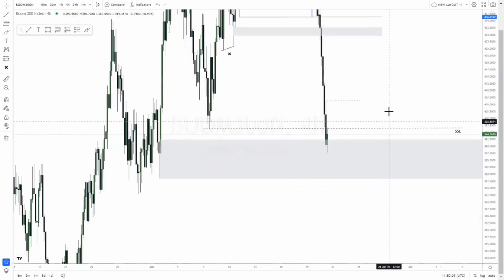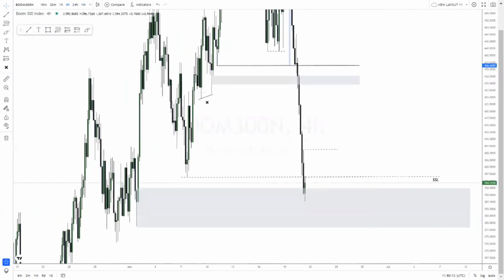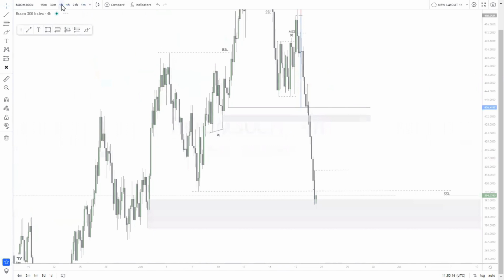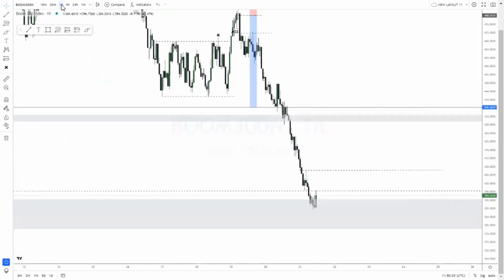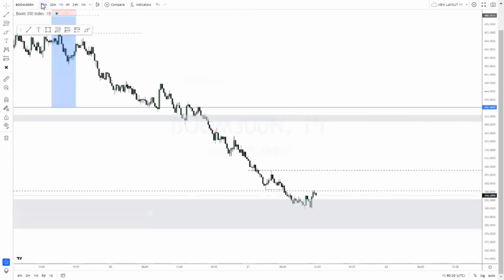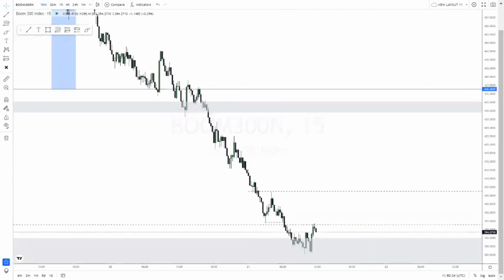Now, after I have been able to spot out my daily buyers on the daily time frame and possibly the H4, I will then go down to the 1 hour time frame to see if I can find structures. All right, I want to see the highs and the lows on this time frame. Okay, then once I'm able to spot that, I'll go down to the 15 minutes time frame and begin to look for structure moves and possibly entries also.